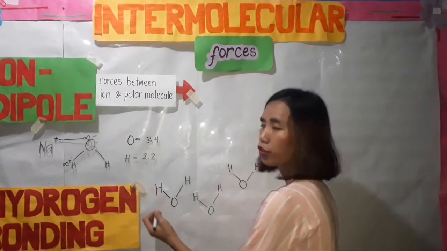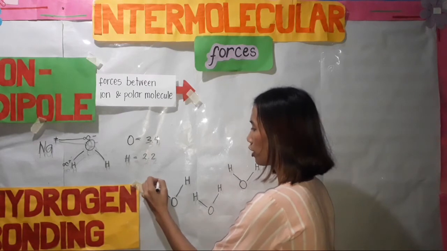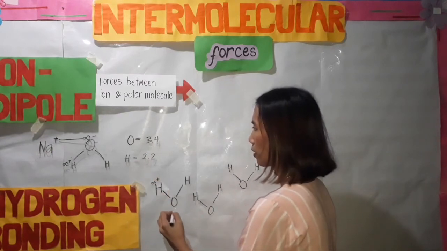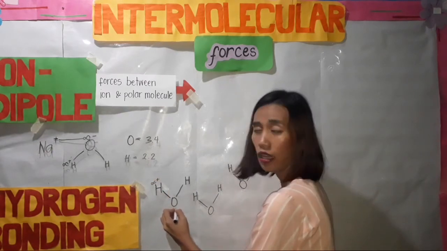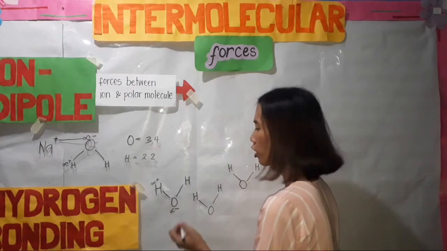So the hydrogen has the positive charge because it has a lower electronegativity than the oxygen. The oxygen has the negative charge.